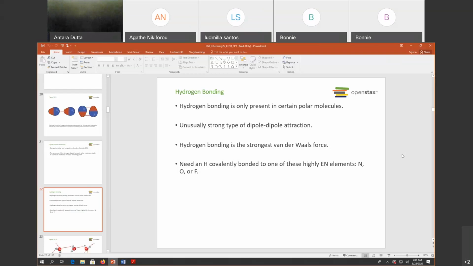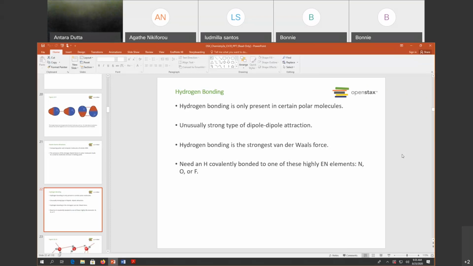If you bring another water molecule close to this, where oxygen is facing the hydrogen, then you have a probability of very strong attraction, between the oxygen and the hydrogen of another water molecule. And this dipole force is then classified as hydrogen bond.